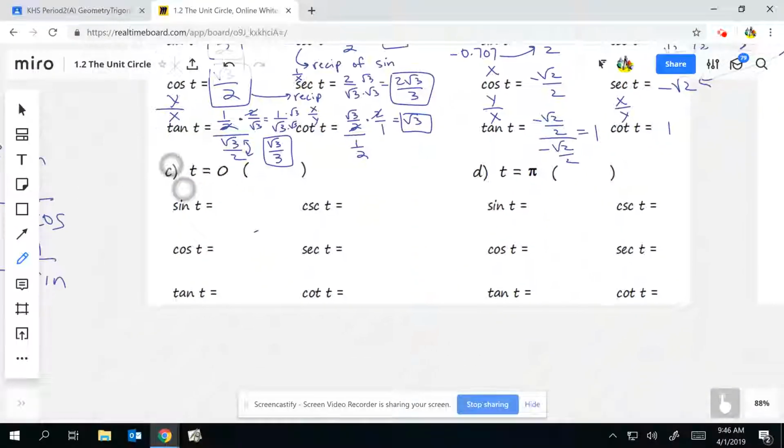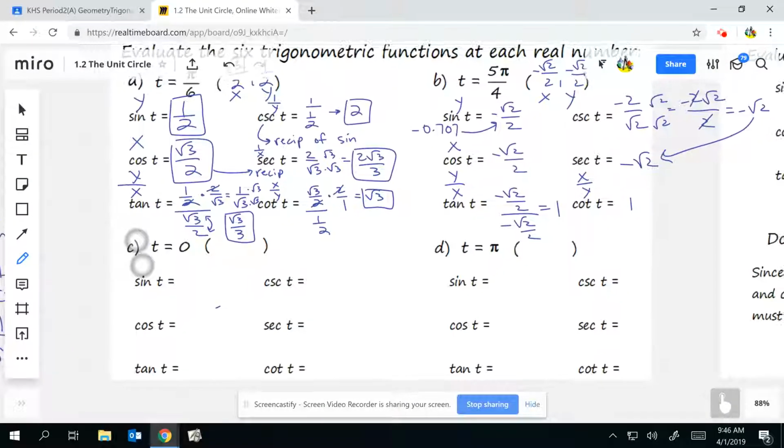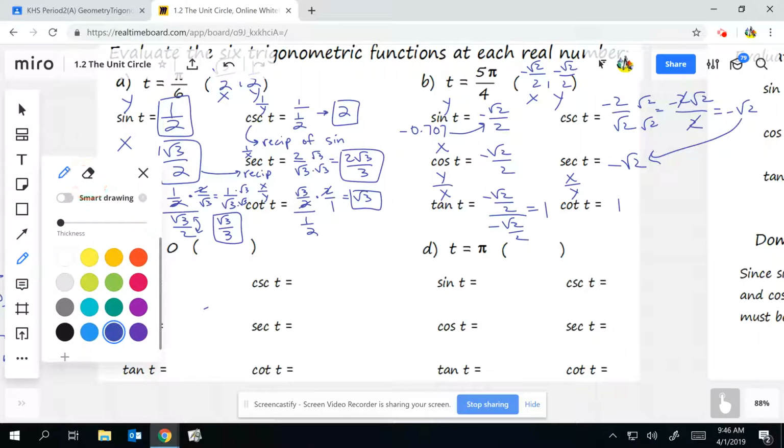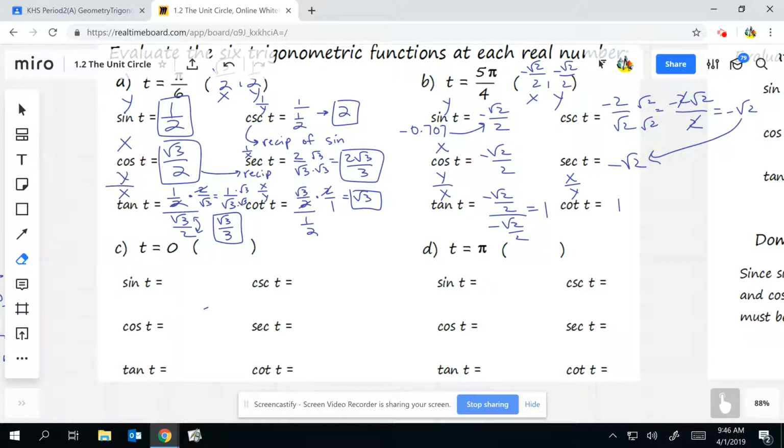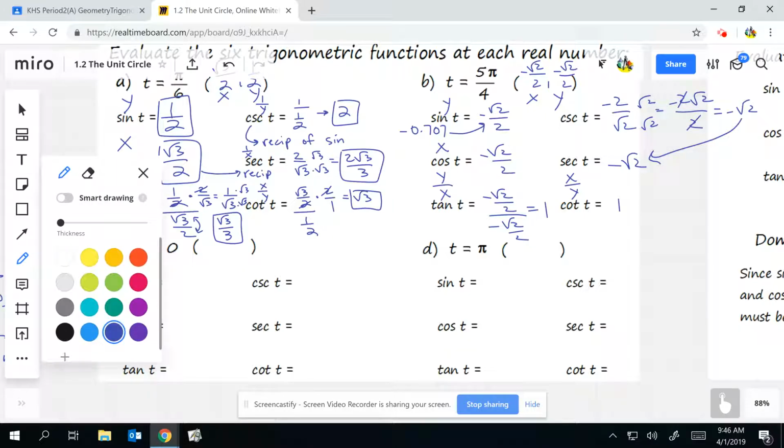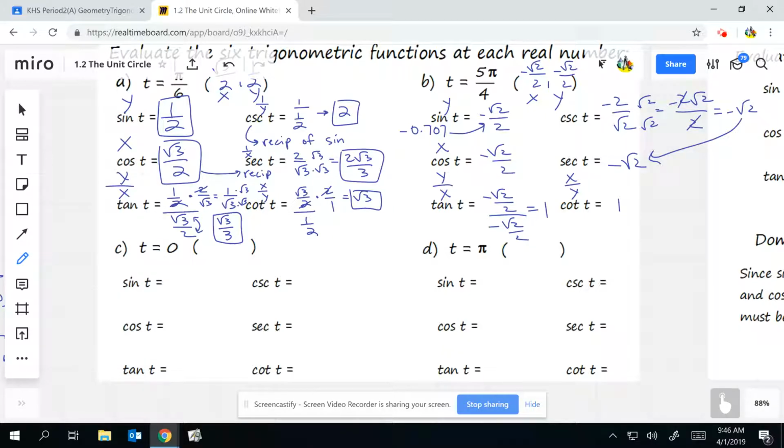Now these bottom two are the easiest ones because there are going to be some zeros in here. Okay, so if you look at it, when your angle is 0 radians, your coordinate would be over 1 and up 0.